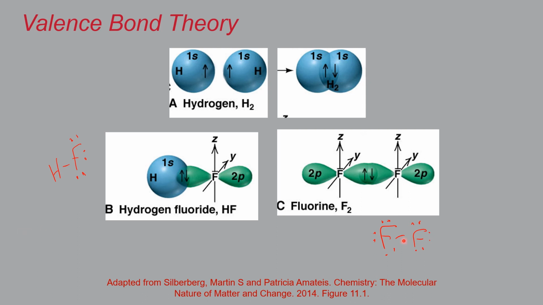Well, in this case, it's a 2p electron from fluorine interacting with the one fluorine nucleus and the other, and the same goes for the other member of this pair. This electron is lined up in a way that it can interact significantly with the original fluorine and the other fluorine atom. So you can talk about overlap and interchange of the same types of electrons and different types of electrons. But that, in a nutshell, is valence bond theory.